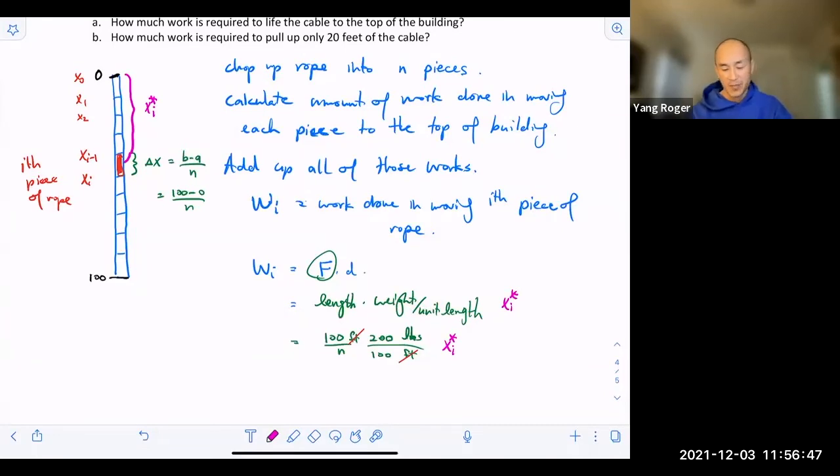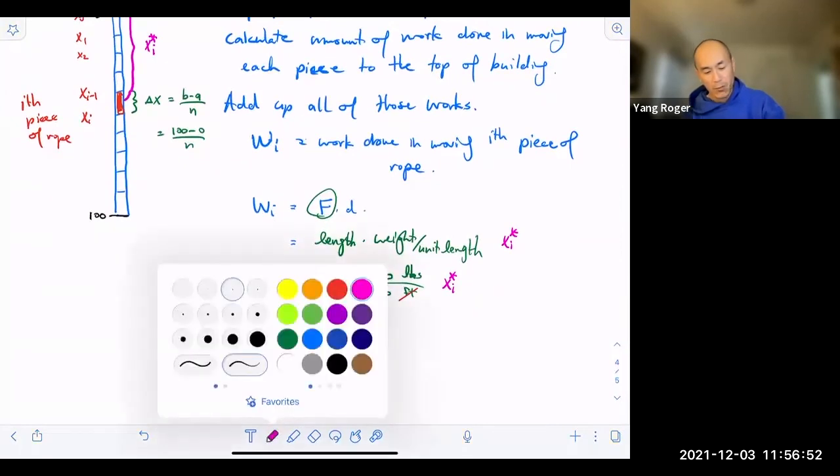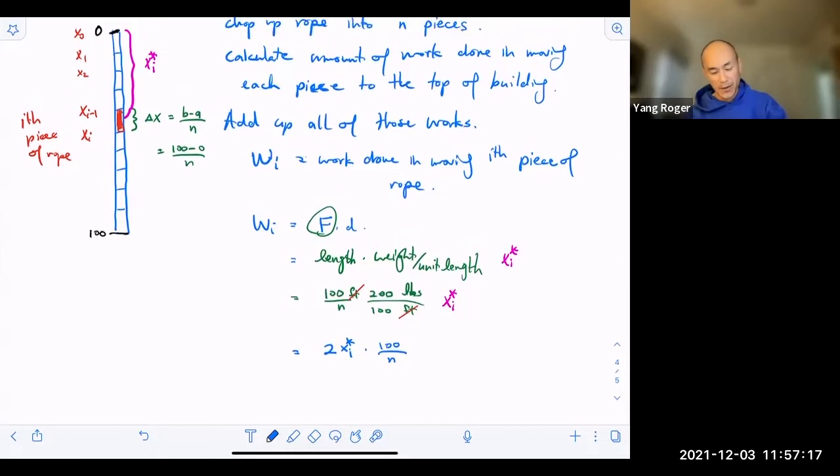So let me clean this up a little bit. What we're going to have is 2, because 200 divided by 100 is 2. I'm going to have my xi star, and then that multiplied by 100 over n, which I want you to remember is my delta x.